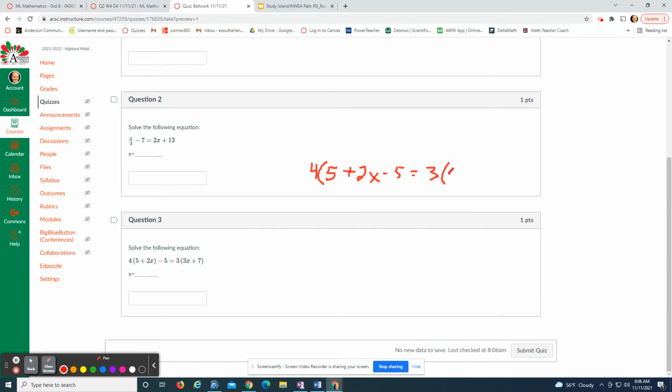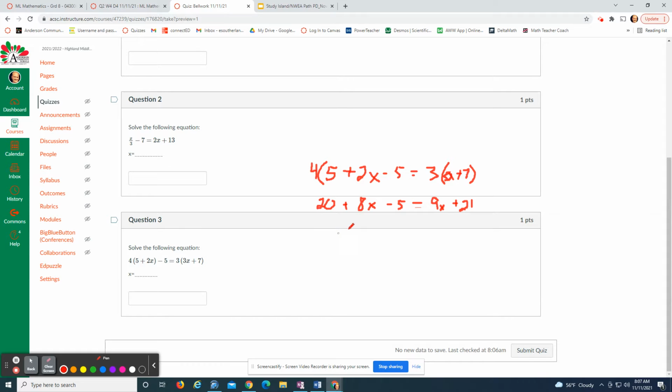So the first thing you want to do is the distributive property. 4 times 5 is 20. 4 times 2 is 8. The minus 5 drops down. 3 times 3 is 9, the x comes with it. 3 times 7 is 21.